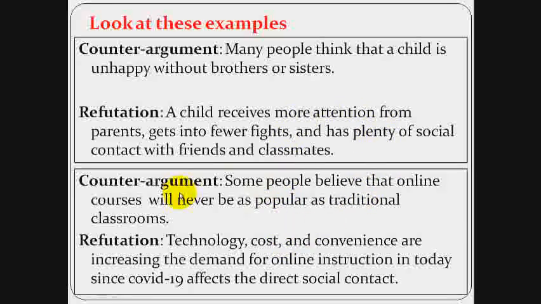The counter argument is a statement that is opposite to your point of view on a particular topic. And the refutation is the explanation that shows us the weaknesses of the counter argument and also explains what makes the writer's feelings and opinion about a topic strong.